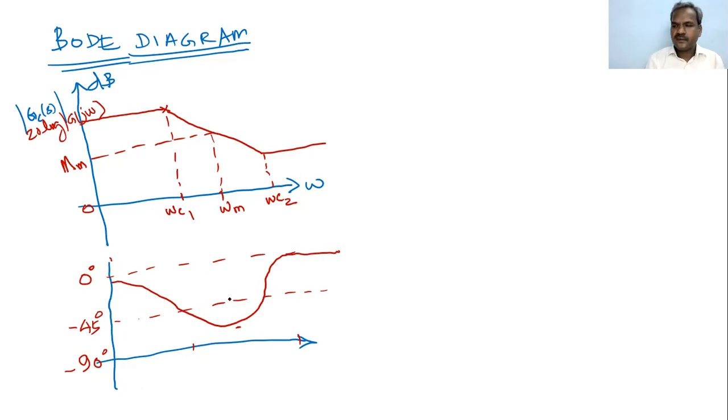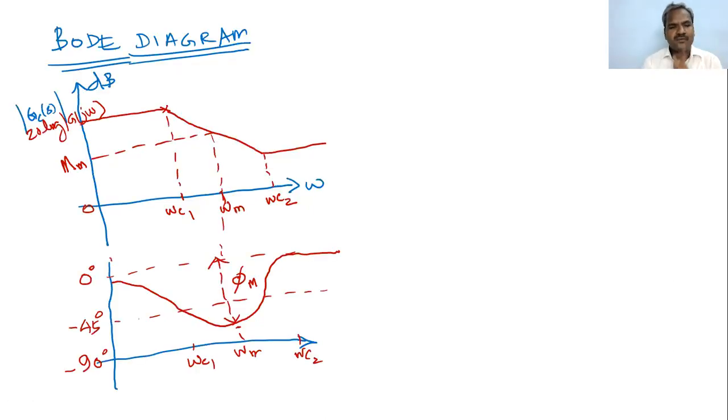This is the phase plot. This is the maximum phase phi m, which corresponds to omega m, between omega C1 and omega C2. So this is the Bode plot for the lag compensator: the magnitude plot and the phase angle plot.